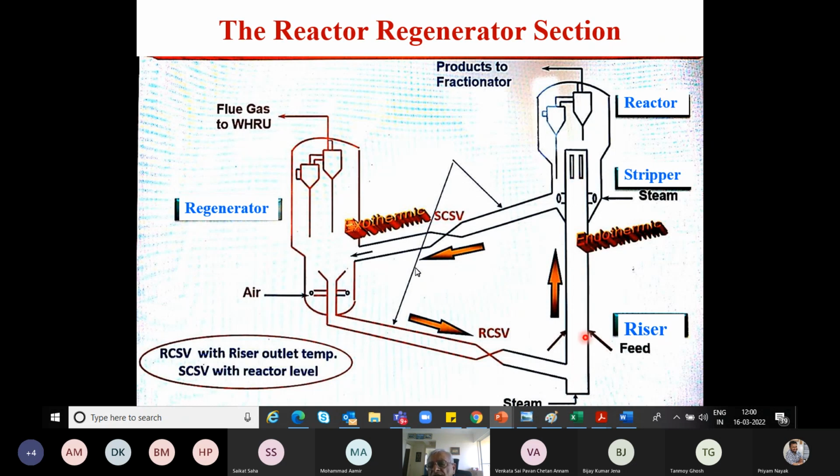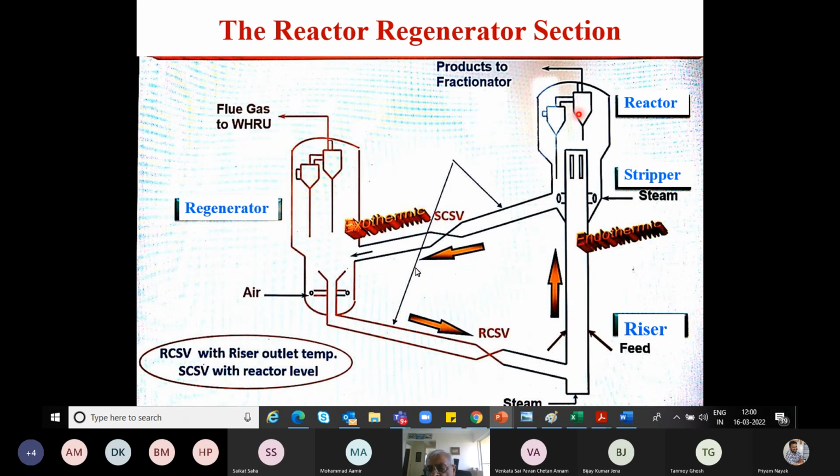So basically the riser is just a hollow pipe, but it is the main reactor where the feed comes in contact with the hot catalyst, and the feed is liquid, by the way. It gets vaporized, and then it starts getting cracked as it goes along the length of the pipe.